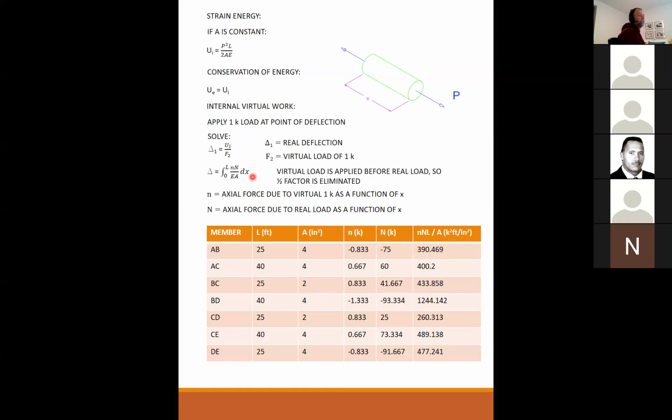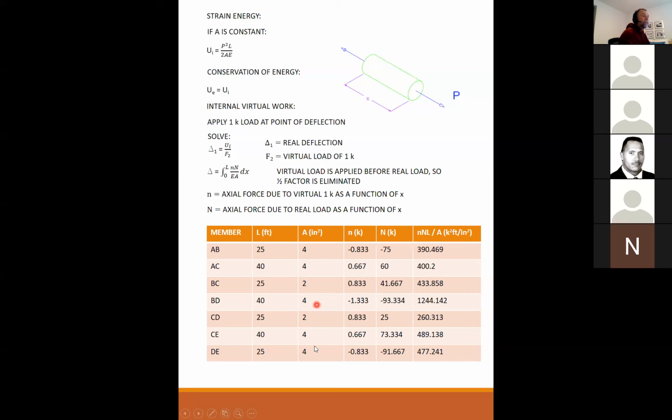And then what we're going to do is set up a table, as you can see. So the area is constant. So this is going to simplify. We don't need to integrate over the length dx because everything in here is constant over the length dx. So we're going to set up a table. Here's all of my truss members. Here's the length of those truss members in feet.